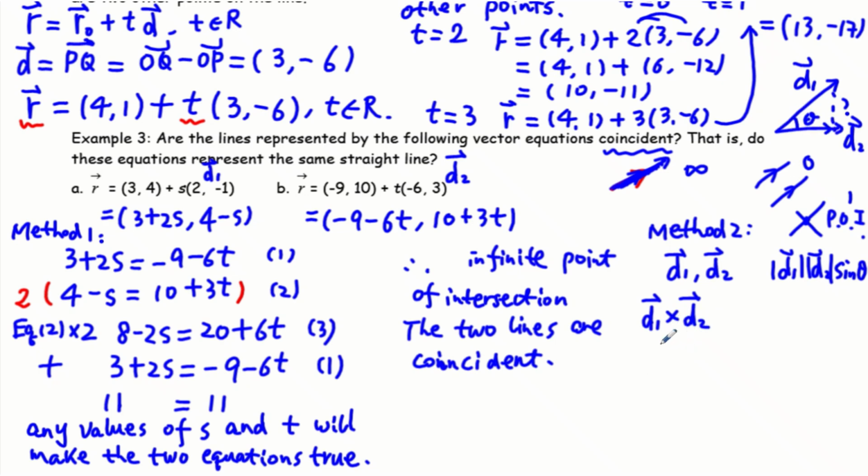Then for the cross product, we could find IJK. We find the magnitude. So this is a 2, so we don't have 3. This is 2, -1, and -6, 3. So the k will be 0, 0 direction, okay?